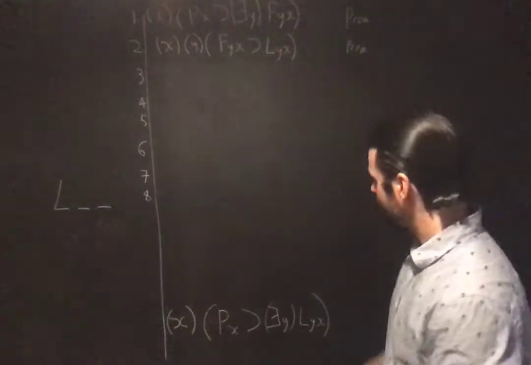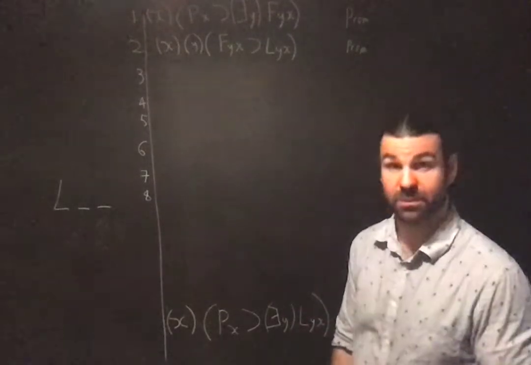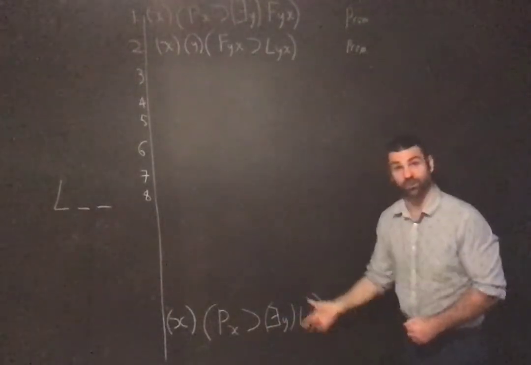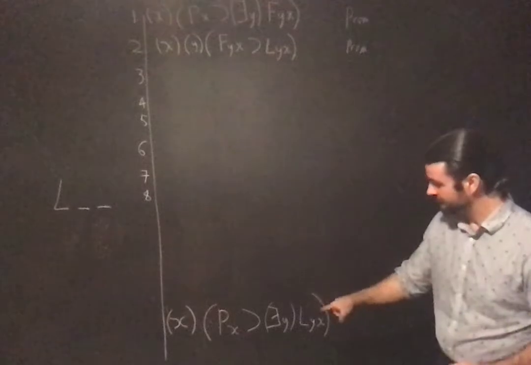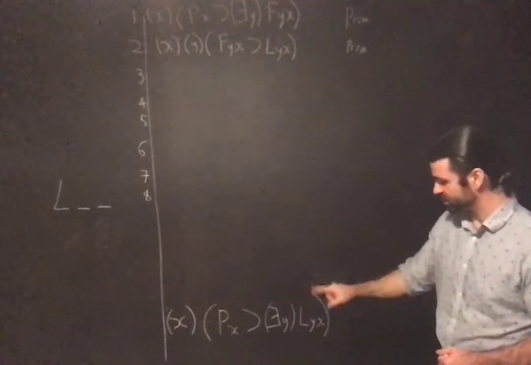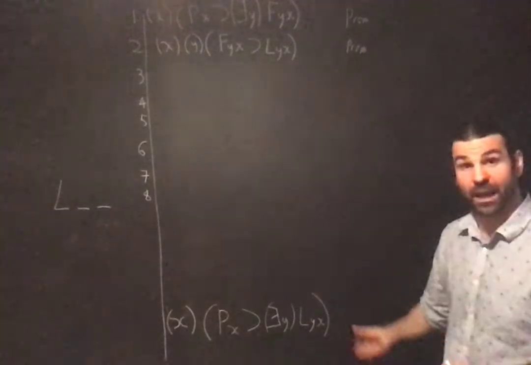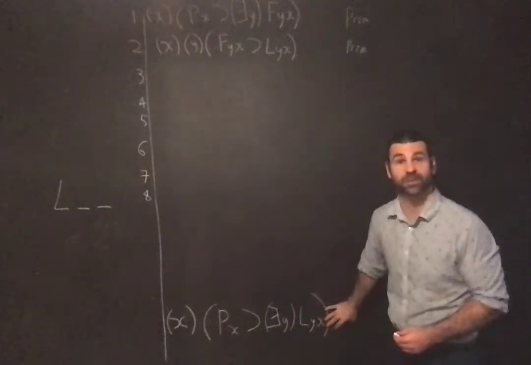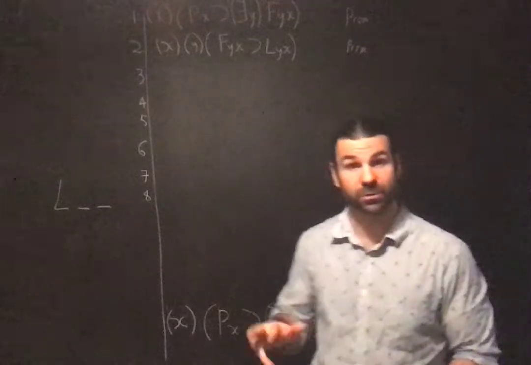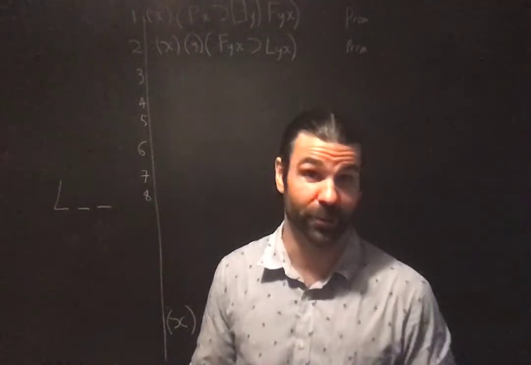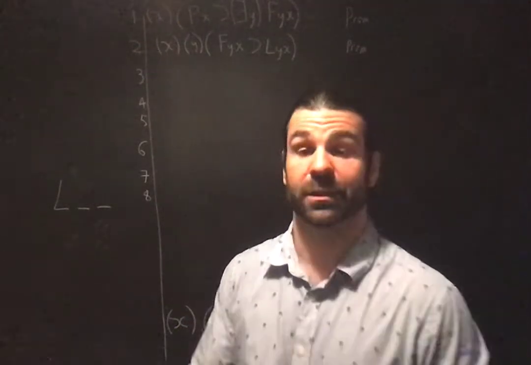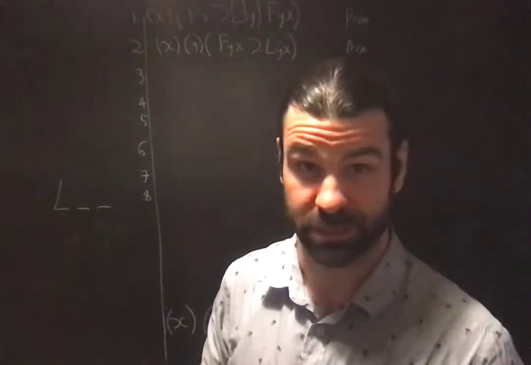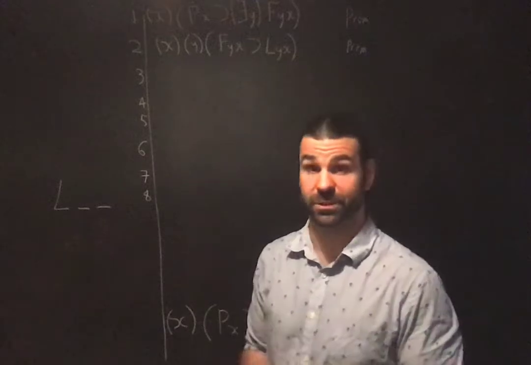Most crucially, remain conclusion driven: take stock of the form of your conclusion. It's a universal statement, so I'm going to get this by probably universal generalization. Oh no, that's the really hard rule, the one where I have to set up a flagging subproof before I do universal instantiations. So that's the first thing I'm going to do.